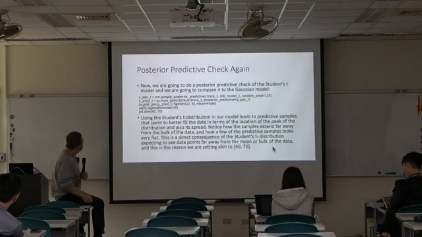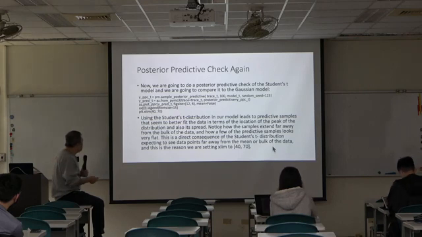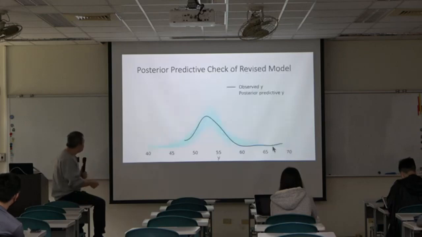We can do the posterior predictive check again. The code is similar, and I will not go into detail, but just call sample posterior predictive, pass the trace as well as the model to it, set how many samples you want, and then you're able to plot it in a figure. You can see that this result is much more consistent with the real data.